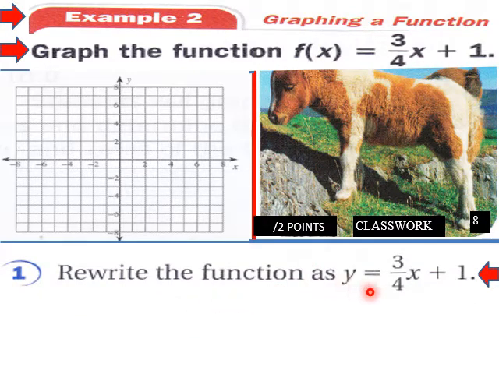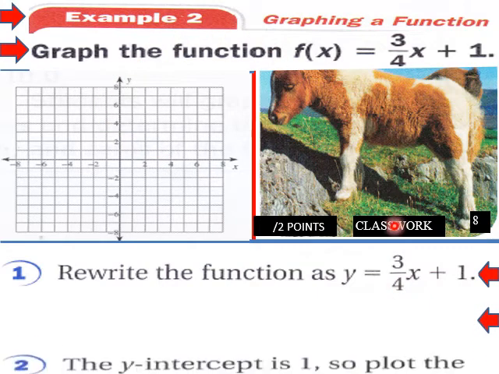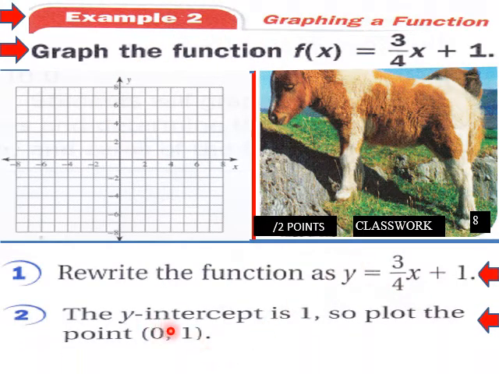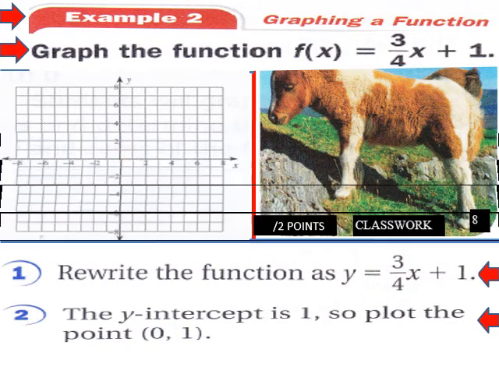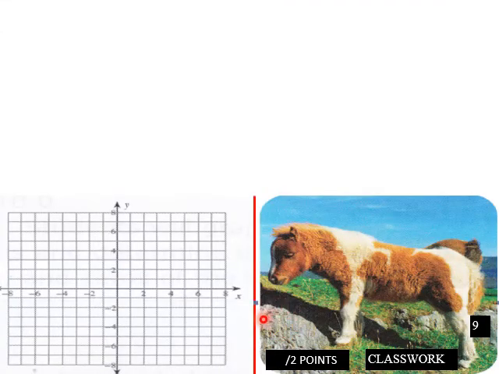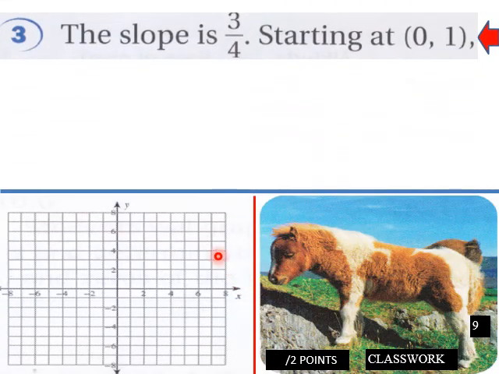Rewrite the function as y equals 3/4 x plus 1. The y-intercept is 1, so when x equals 0, y equals 1. That will be your y-intercept. We know that point. We need one other point.